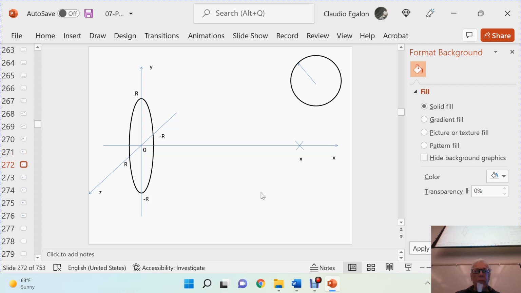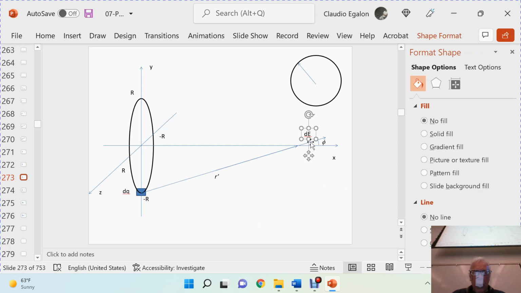So I want to find the electric potential at this spot on the x-axis. That is this contribution to the electric potential dV.